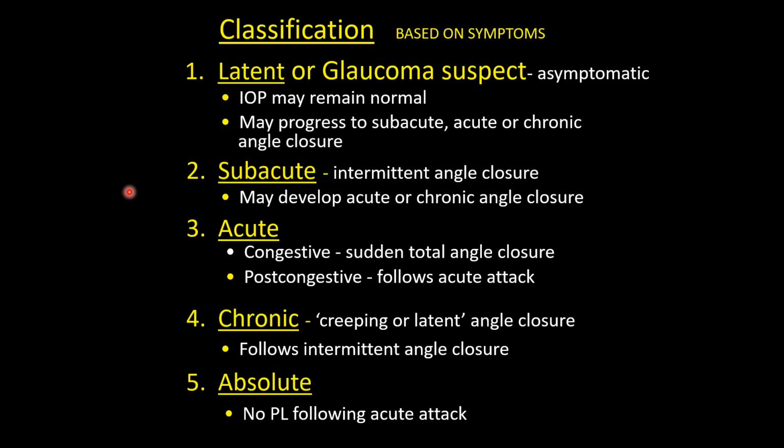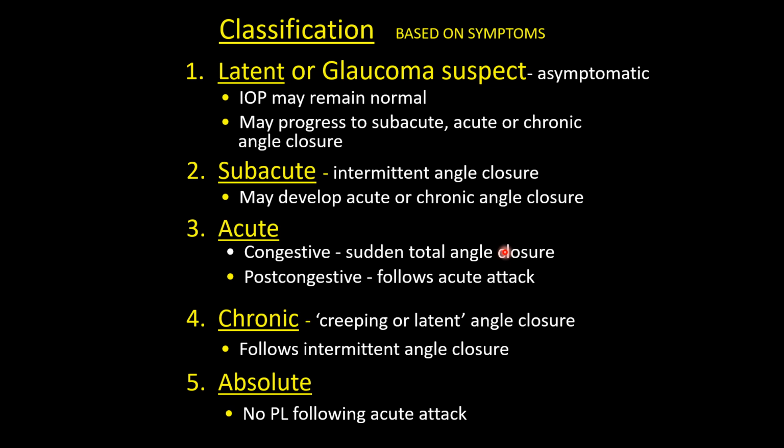Third, and most importantly, is acute congestive glaucoma. In acute congestive, there is sudden total angle closure. There is a sudden rise of intraocular pressure. There is pain. There is redness, and it does not resolve unless you treat the patient. Either you give medications, or you apply laser, or you do surgery.